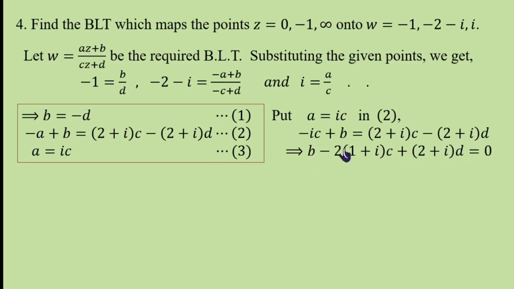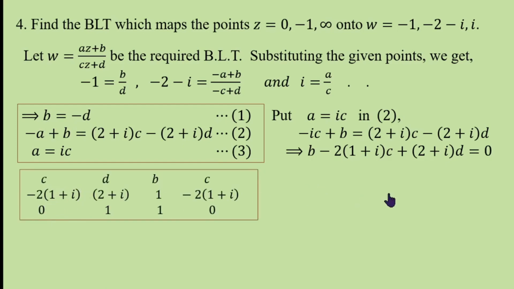Now this equation is not containing A and the first equation is not containing A. Therefore, B plus D equal to 0 is nothing but B plus 0C plus D equal to 0.